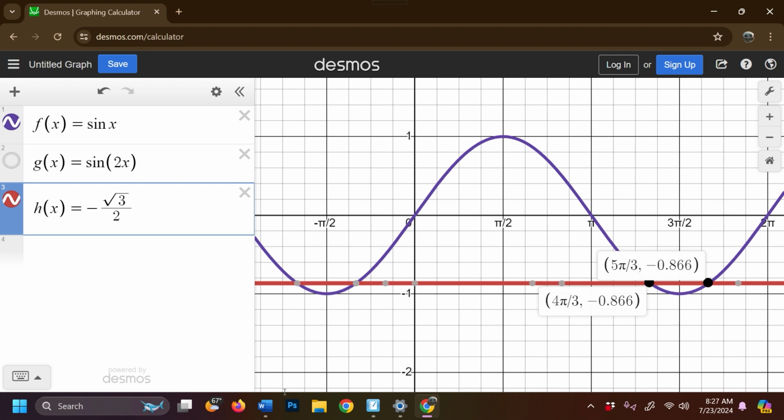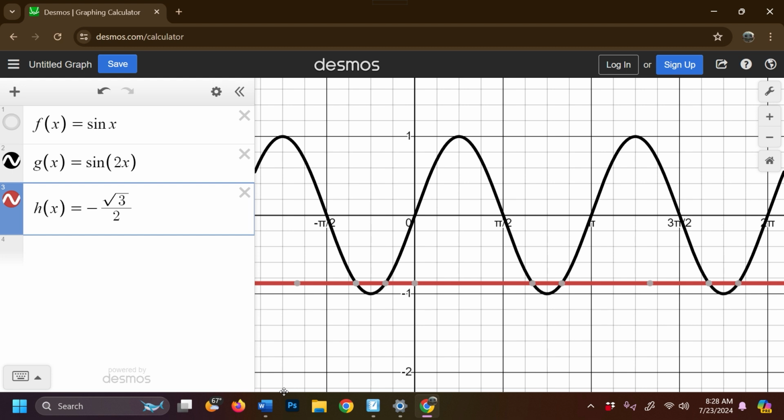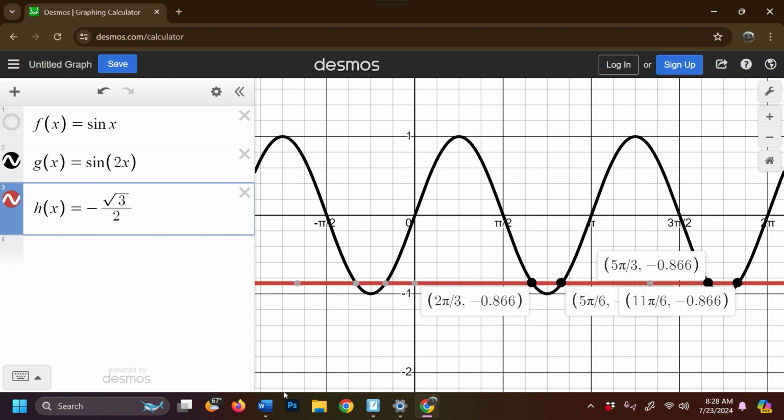But what does this 2x do? Well, it's a horizontal shrink by a factor of 1/2. And what that does is that means that there are more solutions than the ones that we already have. And you'll notice that they are not the solutions that we have. So how do I come up with the more solutions from 0 to 2 pi? In fact, there should be 4.